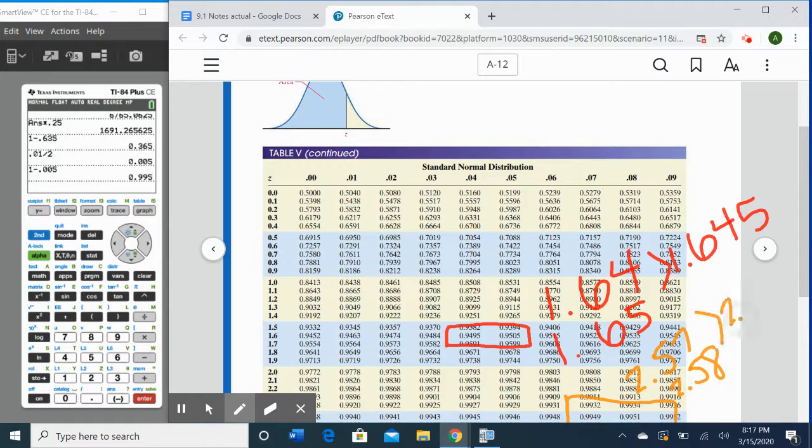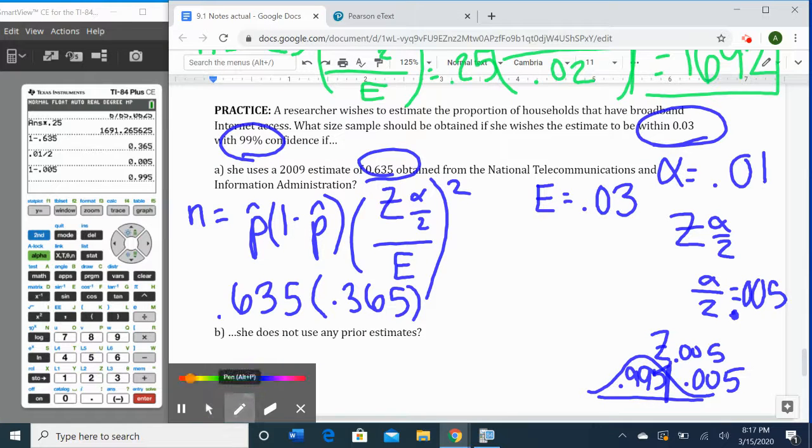Halfway between that is 2.575. So z sub alpha over 2 is equal to 2.575. And so that's what I'm going to plug into my numerator.